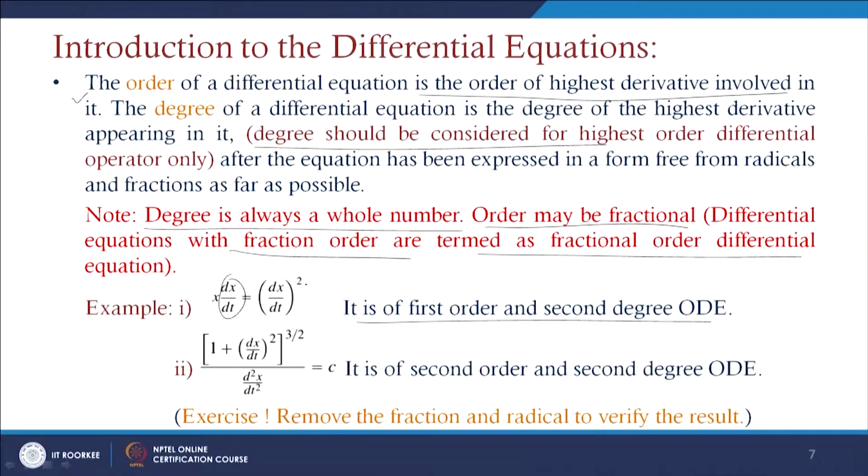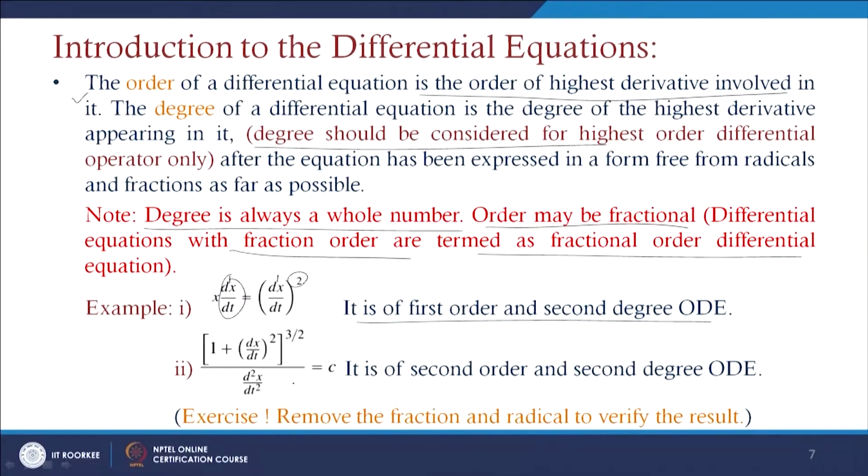Degree means, the degree is 2 here and the order is 1 here. So, that is why we are saying that this will take the highest degree of the term involving the highest order. So, this is called a first order and second degree ODE.